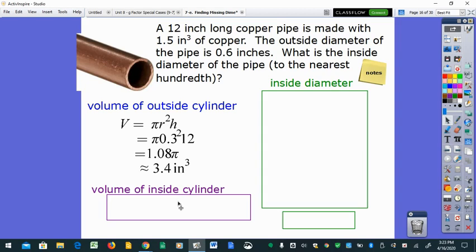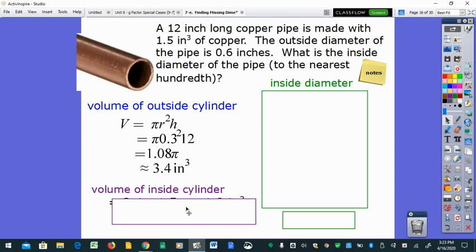So I'm going to take the 3.4 and subtract the 1.5, and the hole, imagine if you could measure the cylinder, it's just air that's in there, the air would have 1.9 inches cubed. And what I want to do is find the diameter. I'm going to start with the radius of the hole of the air inside. So I have the volume and I have the height, but now I need the radius. So now I'm doing the inside diameter, which is the volume of the air inside, basically.